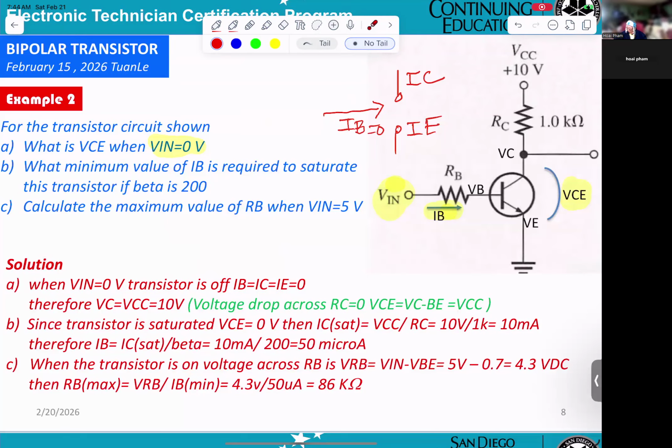Therefore VC, right here. What does VC equal? You understand that VCC is on this side, 10 volt, and VCE will be here.